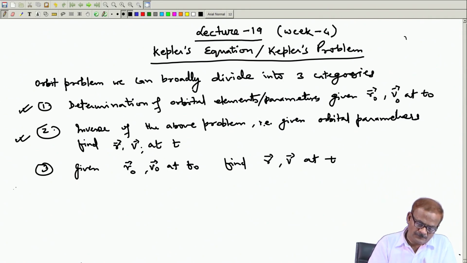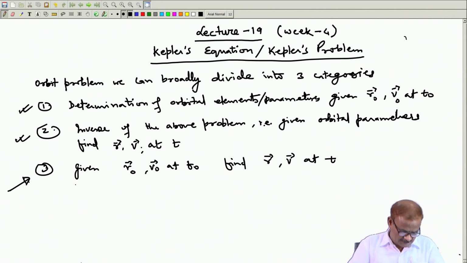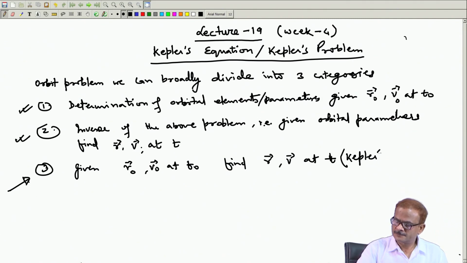This is the problem we are going to discuss in this lecture, and this we typically call Kepler's problem.